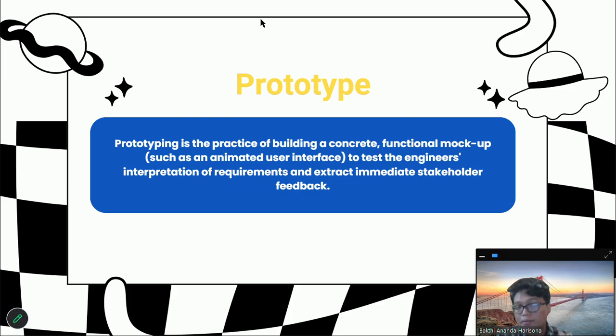A prototype is used to test the engineer's interpretation of requirements and extract immediate stakeholder feedback. So we can present the prototype to the stakeholders so they can give us feedback.